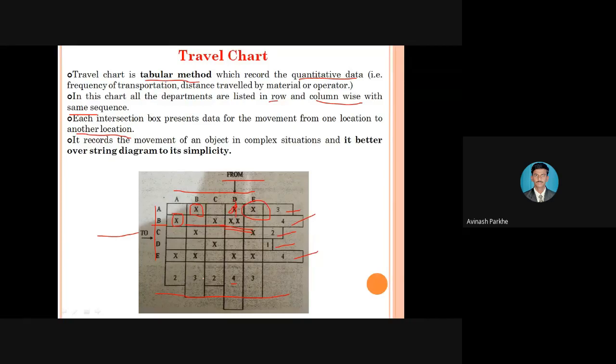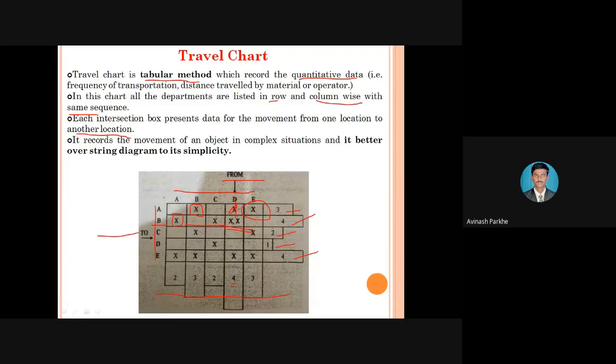At the end, we have added all the X in the vertical direction as well as all the X in the horizontal direction, and whatever number you get, 2, 3, 4, represents the number of times that respective department is visited.